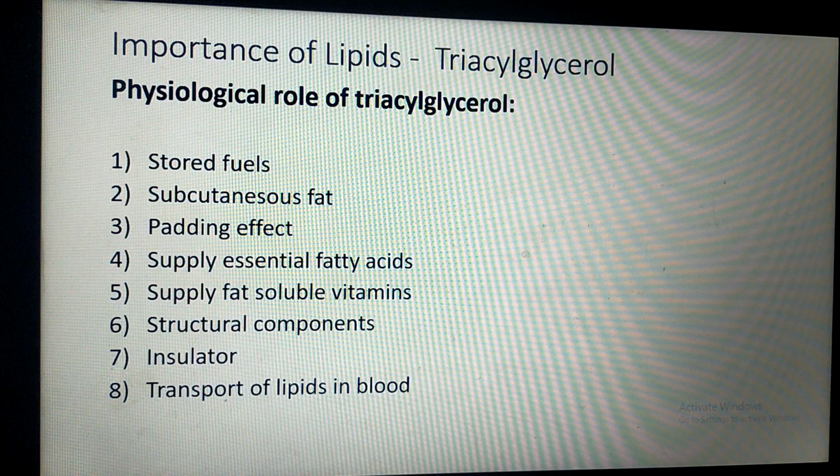Triacylglycerol contains essential fatty acid, means polyunsaturated fatty acid. So they supply essential fatty acid to the body on breakdown. Triacylglycerol also supply fat soluble vitamins.